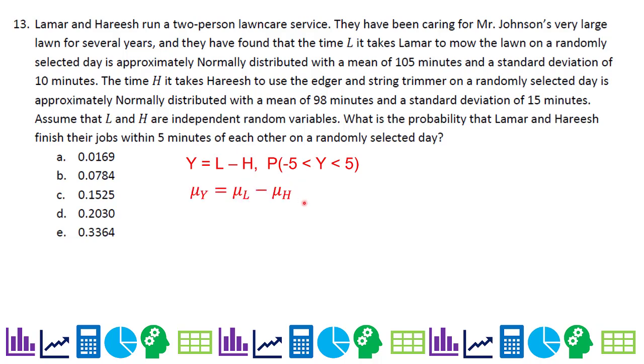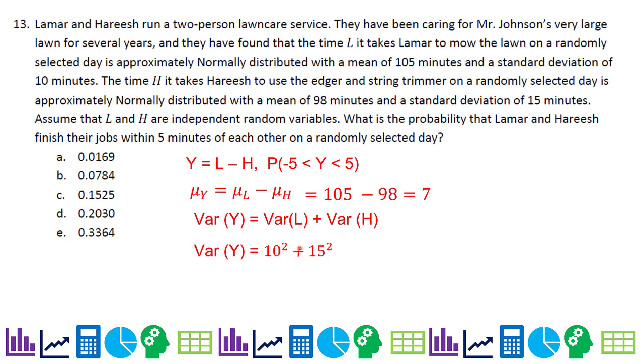Now I find my new mean, and I can just subtract them, and I get 7. Finding the variance, now you're probably going, but wait, you're subtracting here. We always add variances, even if there's a subtraction there. So we know standard deviation for L and for H, right?